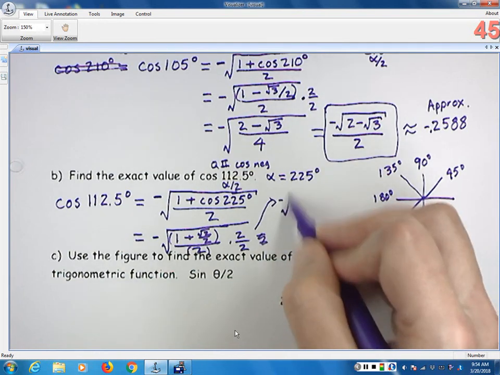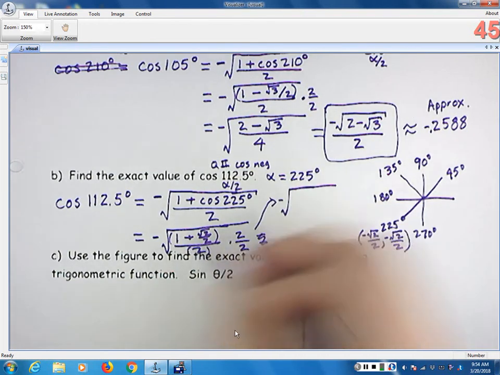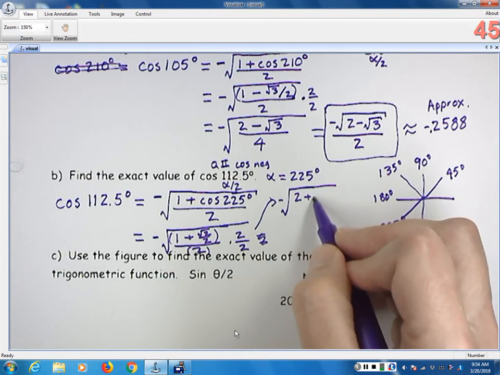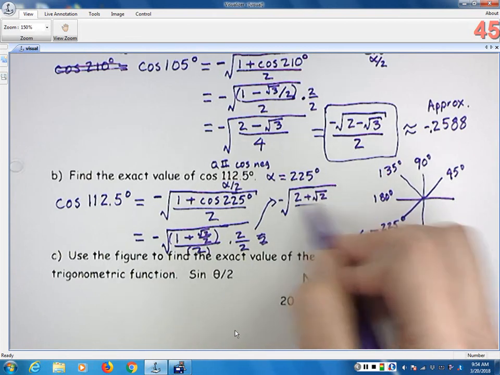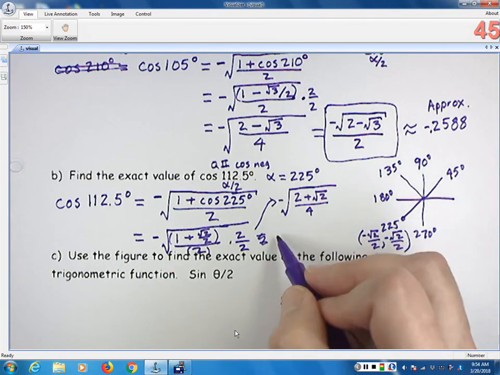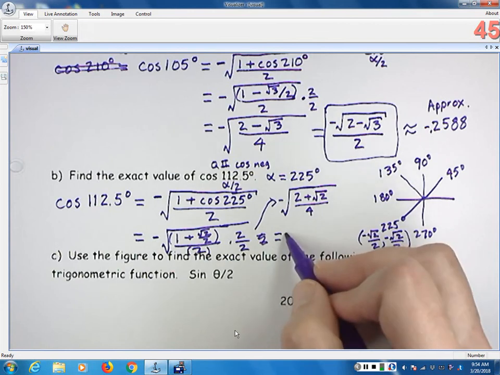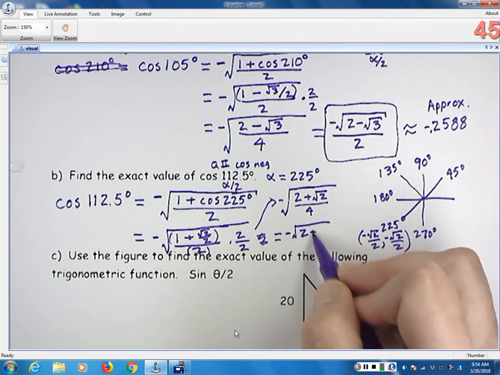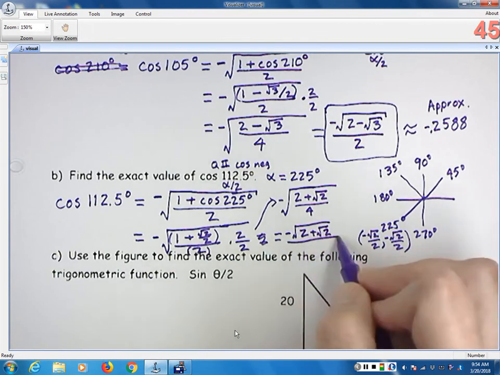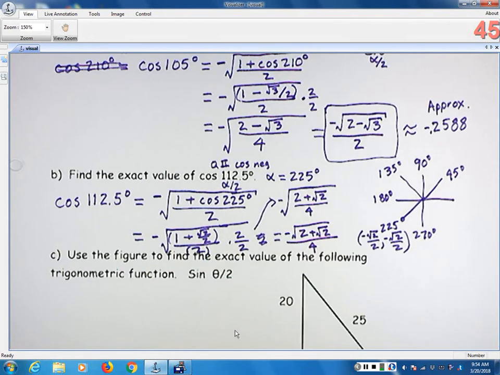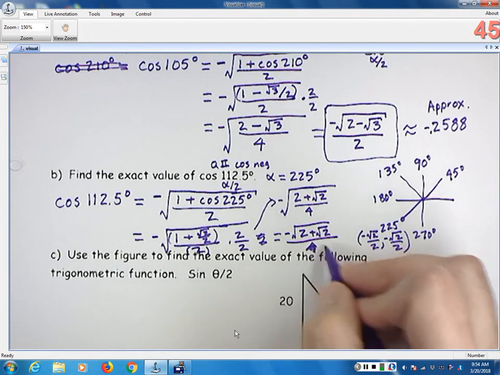Negative square root of 2 plus the square root of 2 over 4, and then we separate it, it does equal negative square root of 2 plus square root of 2, all divided by 4. No, 2. We took the square root.